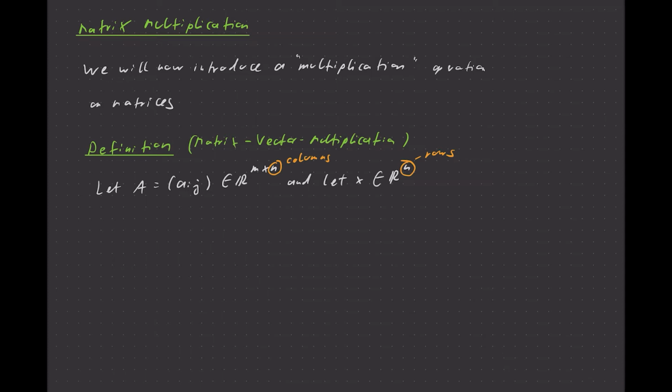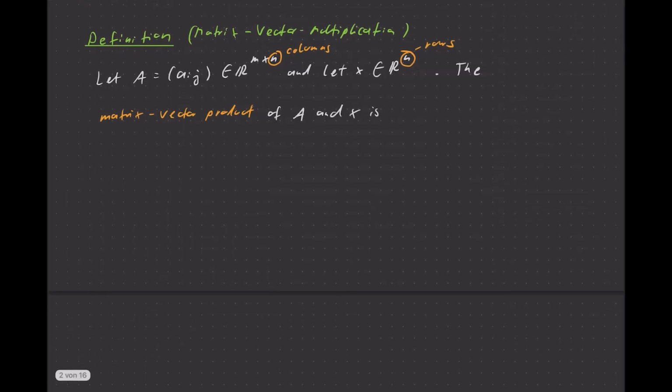Now let us define the product of those two. The matrix vector product of A and x is defined as, we just write this in the form A times x as we usually write multiplication, and we define this in the following way.